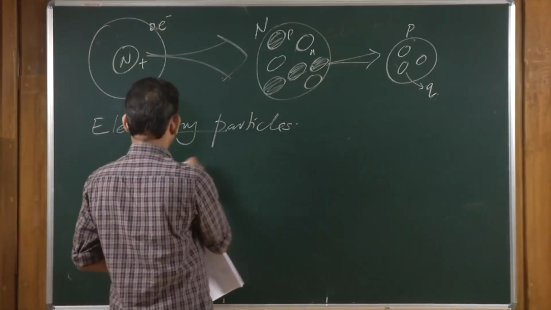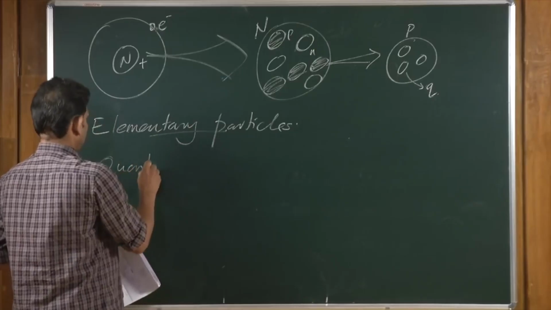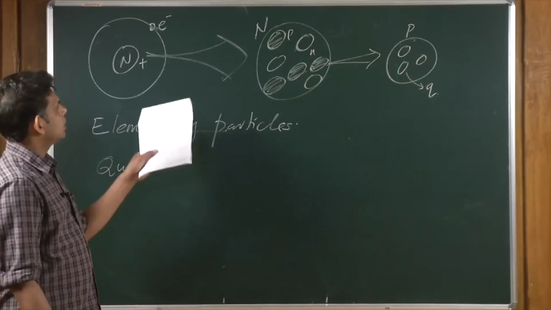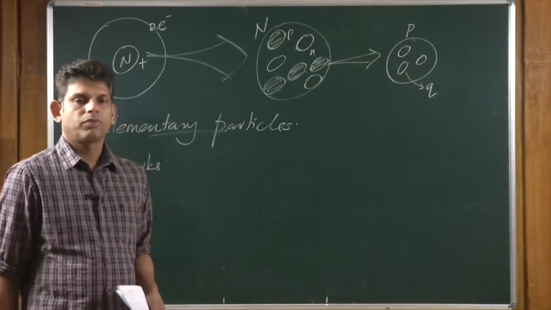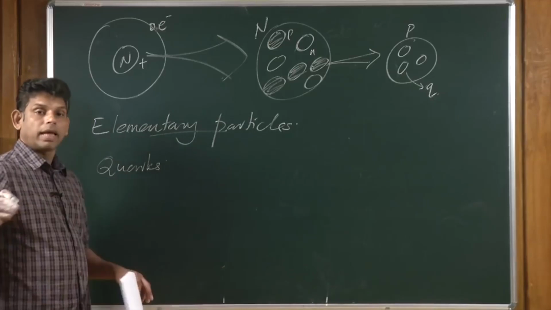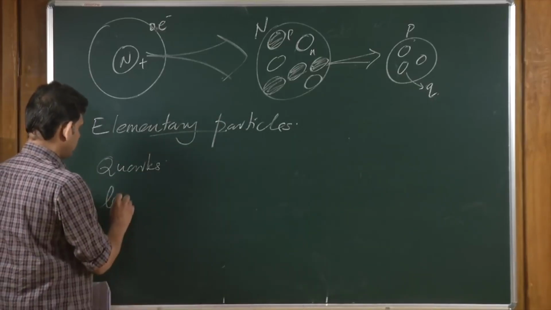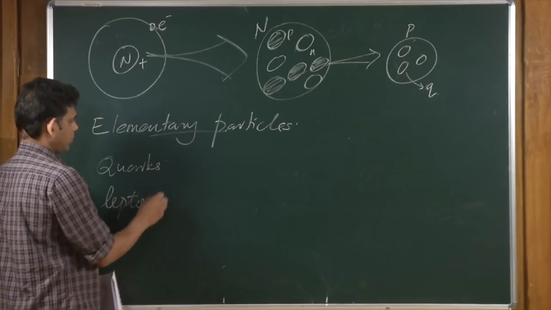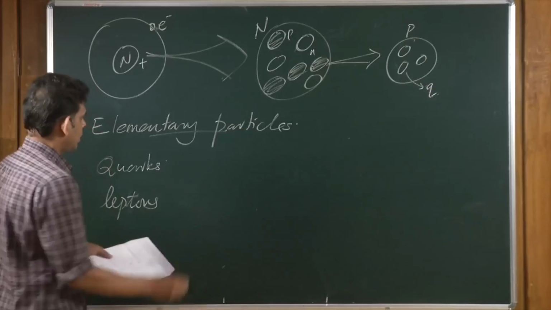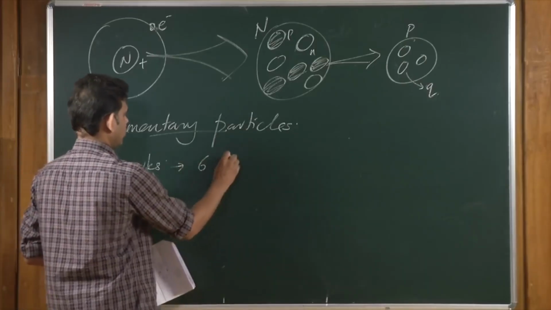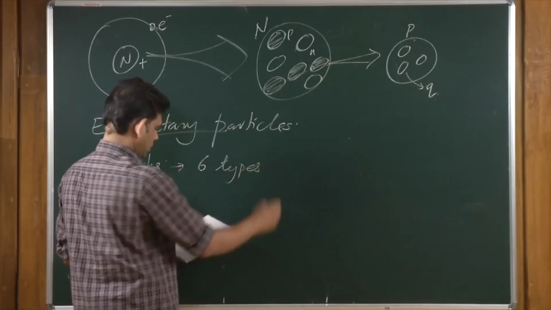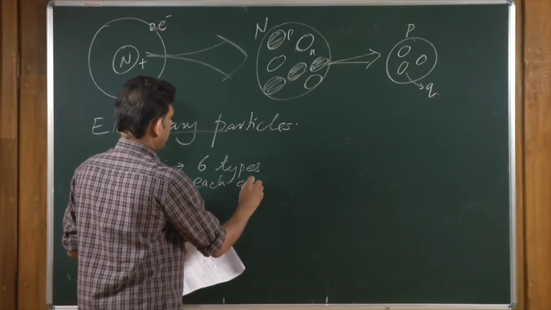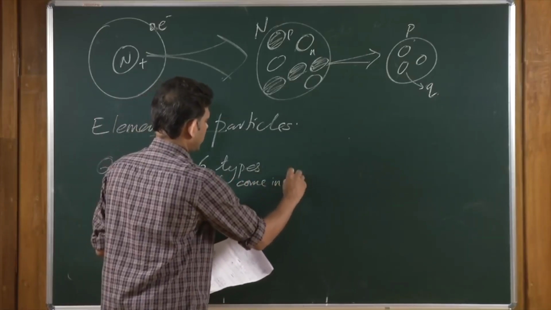So, quarks, and there is another type, like electrons, which are called leptons. So, quarks and leptons. There are 6 different types of quarks and each of these come in 3 different varieties.